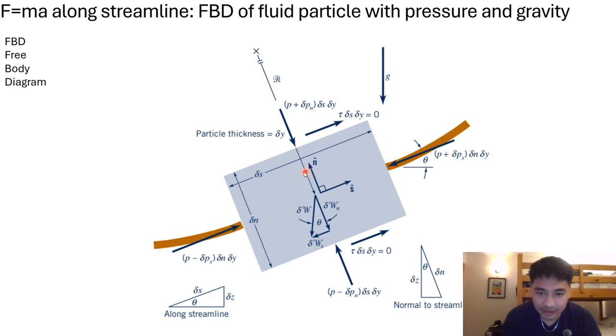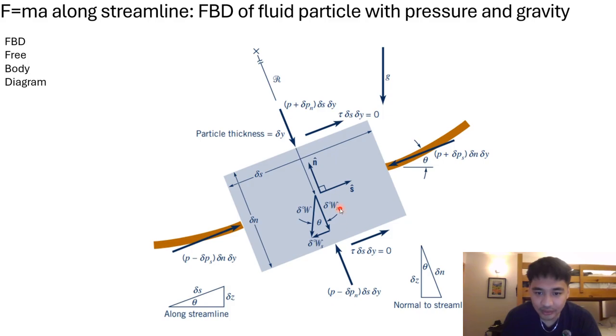Ignore everything else; we just defined our axes and what these deltas are. Now let's talk about what this weight is. This is the weight of the particle, and this is just showing its trigonometry. This is the angle theta. This is your weight, or change in weight, delta W, and it's a change in weight because these particles are changing in the fluid, depending on the other fluids next to them.